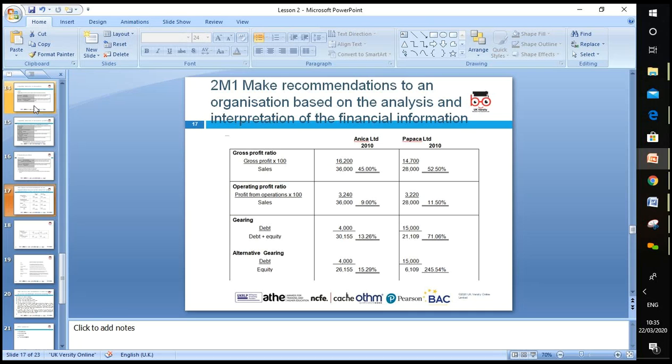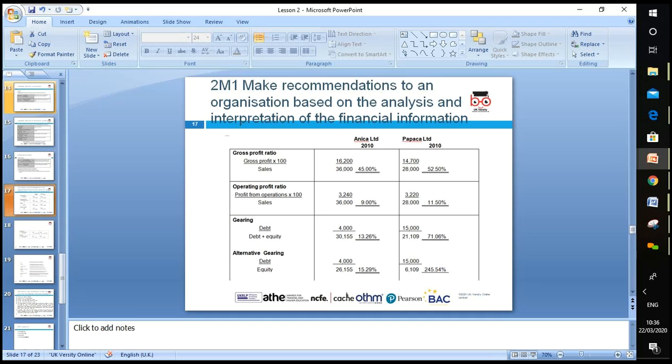That will look at the profitability. Using those ratios, you would choose Papica based upon profitability, but not necessarily based upon other ratios or other mechanisms.